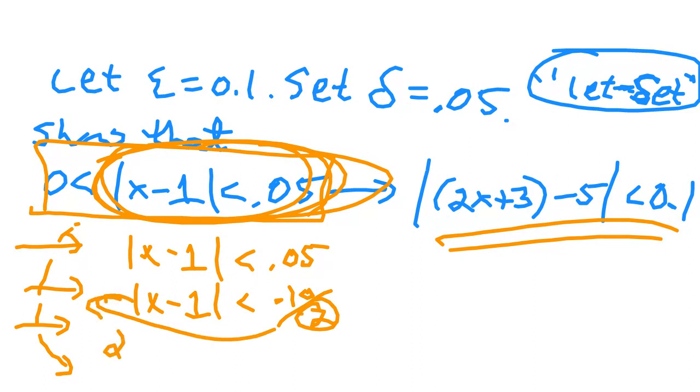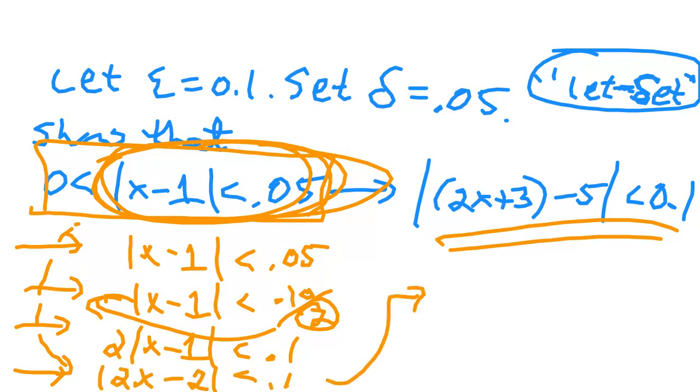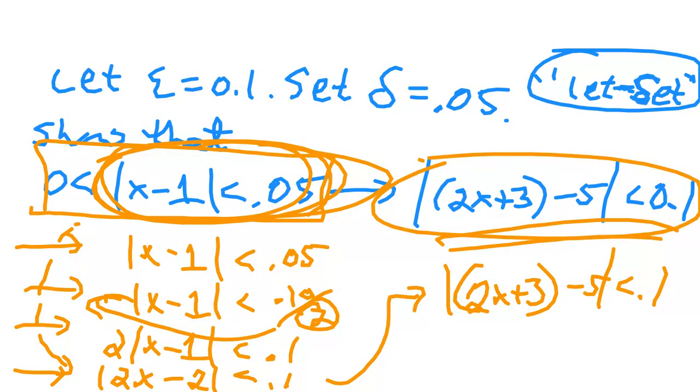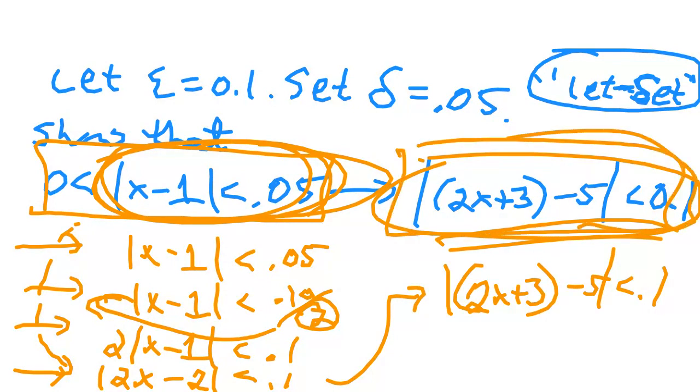So that implies that 2 times the absolute value of x minus 1 is less than 0.1, which implies that the absolute value of 2x minus 2 is less than 0.1, which implies, and then once again what I have up here, the absolute value of 2x plus 3 minus 5 is less than 0.1, which is really what I wanted. That was the finish line that I was trying to get to, right here.